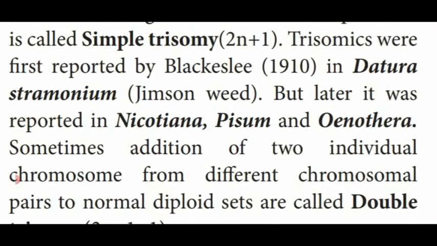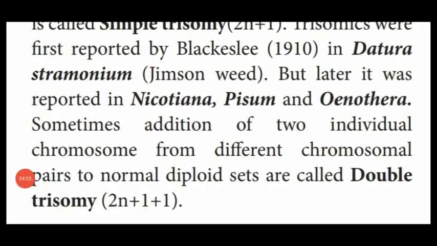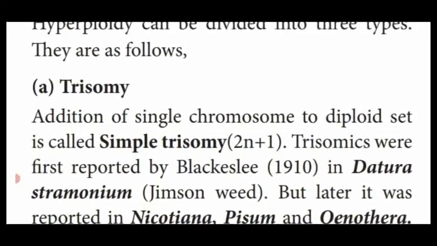Sometimes we add two individual chromosomes to the diploid set, which is known as double trisomy. The formula is 2n plus 1 plus 1. So these are the different types of trisomy.